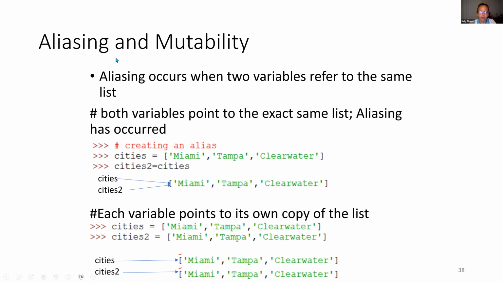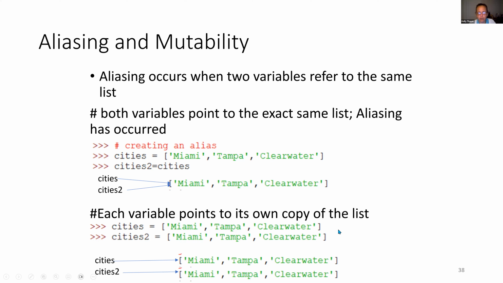Now, the plot thickens when we need to talk about mutability. Aliasing occurs when two variables refer to the same list. Both variables point to the exact same list. Aliasing has occurred. We just saw an example of this. Each variable points to its own copy of the list. This would be a different case. Cities equals Miami, Tampa, and Clearwater, and cities2 happens to have the same values in it.